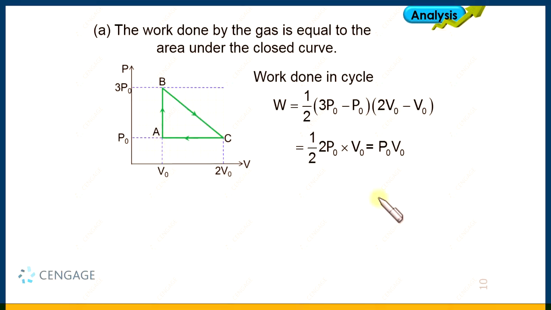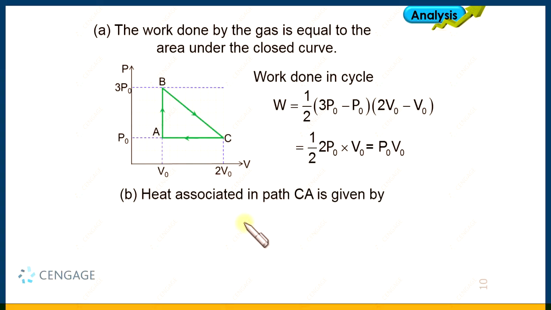And we know the heat associated with any process, especially in the case of an isobaric process, we can write Q_CA equal to n Cp multiplied by delta T, right. So, we can write this formula, and we know the temperature of A is less than the temperature of C, that means this value should be negative. If this value is negative, that means heat should be rejected, that means in this process heat will be rejected out.